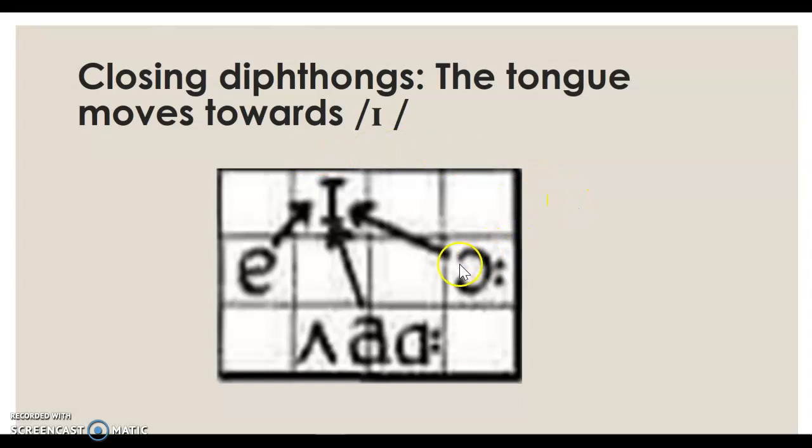So we have different diphthongs. In this case, there are three. A, we move from the position of the E sound to the I sound, so we say A. We have I, pay attention, it is not the A sound like in hot, and not the R sound like in hot.